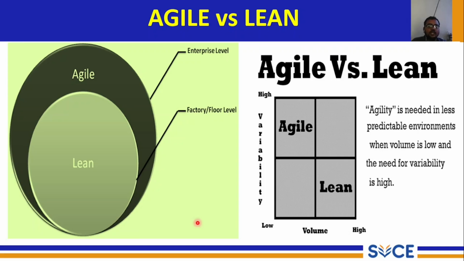So how is agile different from lean? Lean and agile have a few concepts which are integrated. Obviously, agility is needed in a less predictable environment, when the volume is low, and when the volume is high, you find that to be very hard to adjust. Agility comes from a top to bottom approach, and the agility nature is required from the enterprise level, whereas the lean concept is more focused toward the shop floor and the factory level, and the decision making usually happens over here, right?